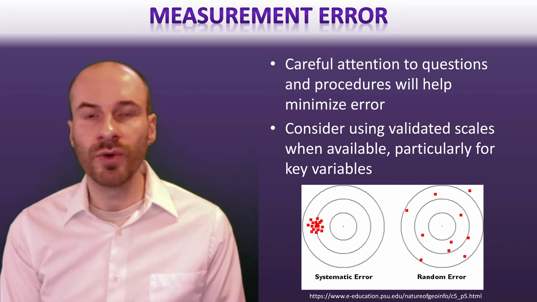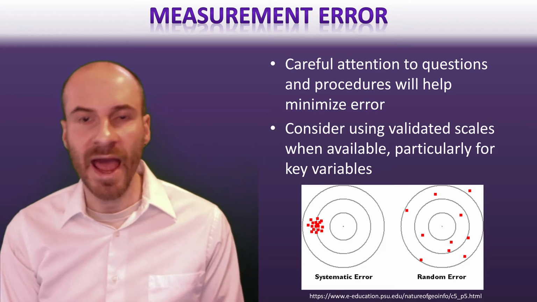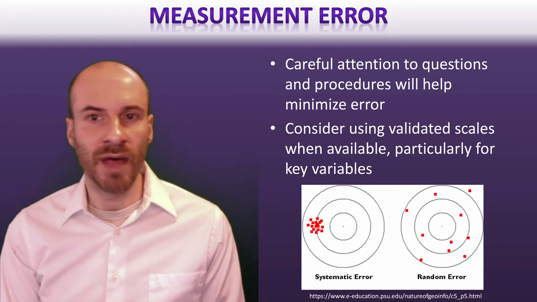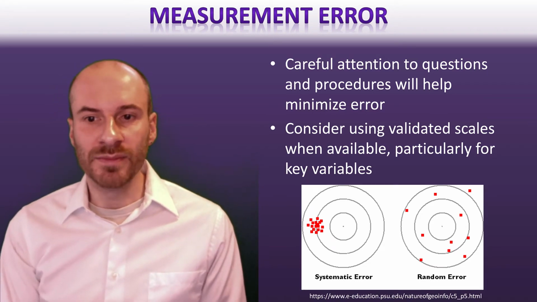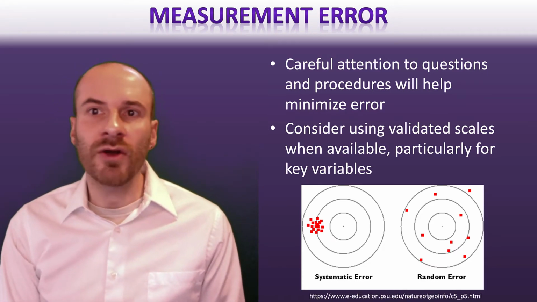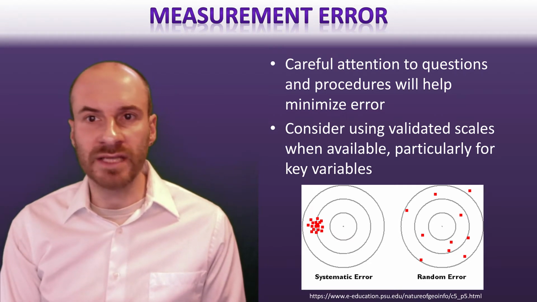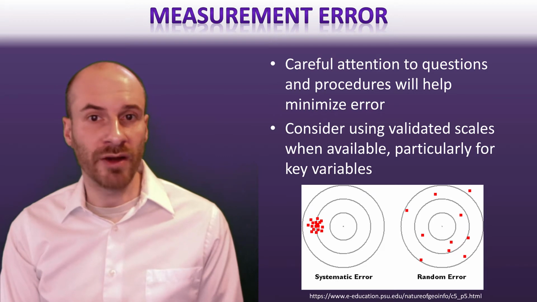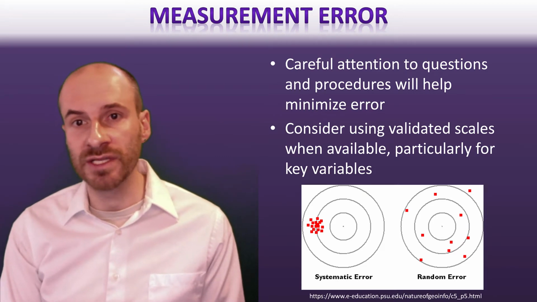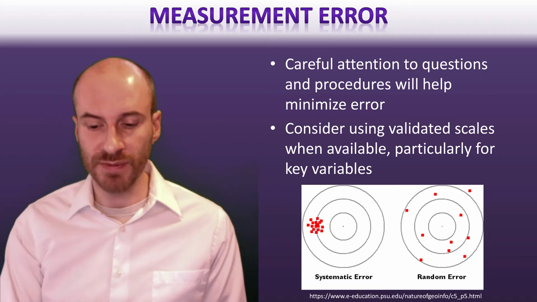How old are you? Well, typically you'll probably get a pretty accurate answer to that, as compared to how are you feeling today, right? So there is a certain amount of error that's inherent to studies, and you would want to think about where that error might come in. How can you create questions and surveys that minimize this as much as possible?